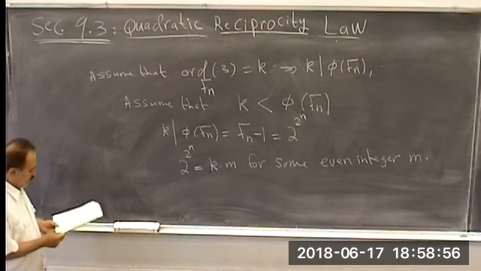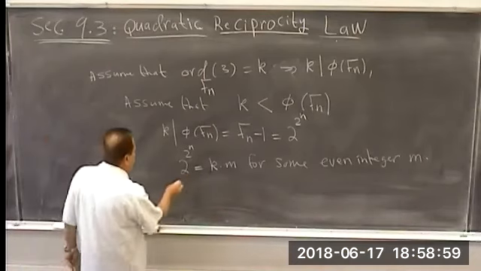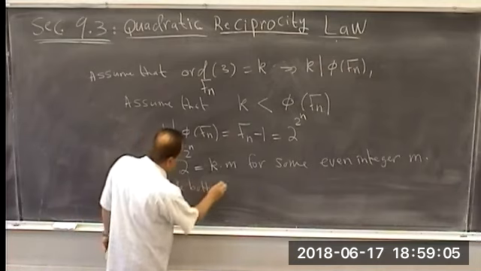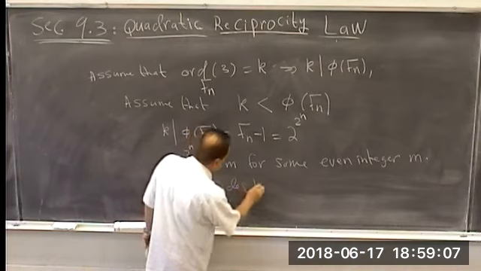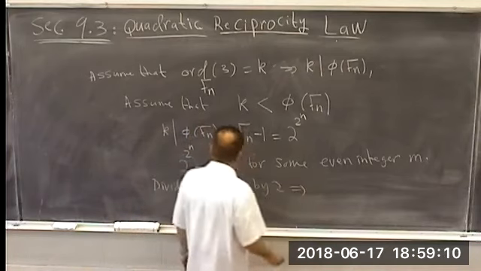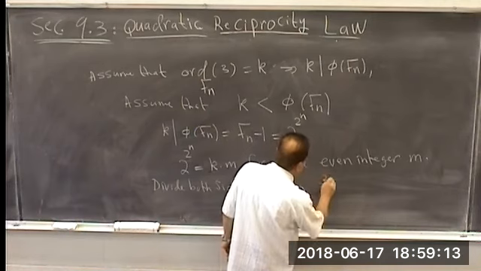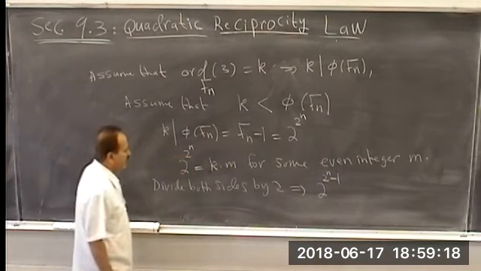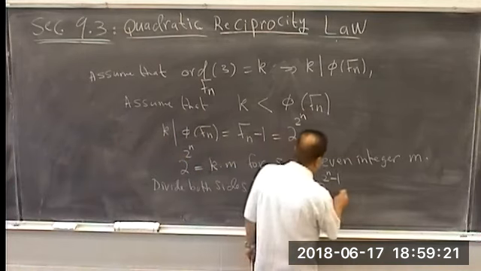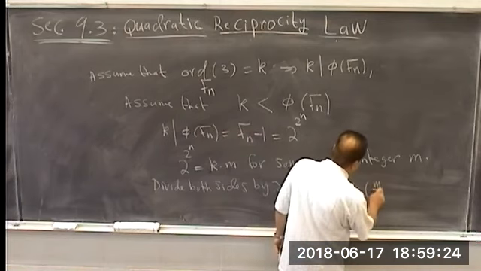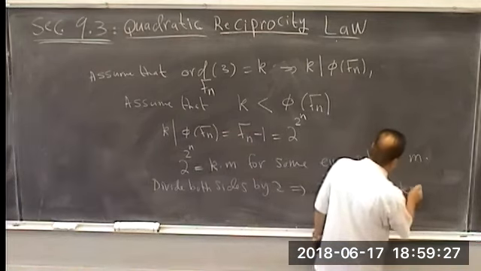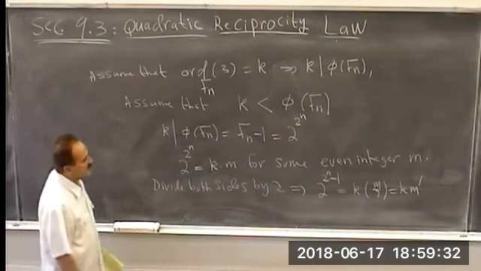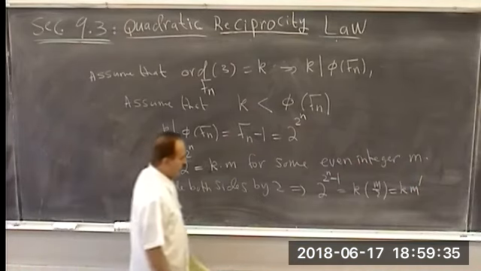All right, now let's divide both sides of this by 2. This would imply 2 to the power 2 to the n, minus 1 in the exponent, is going to equal k m over 2, which is equal to k m prime. But m prime is m over 2 because it's even, so this is a legitimate integer.